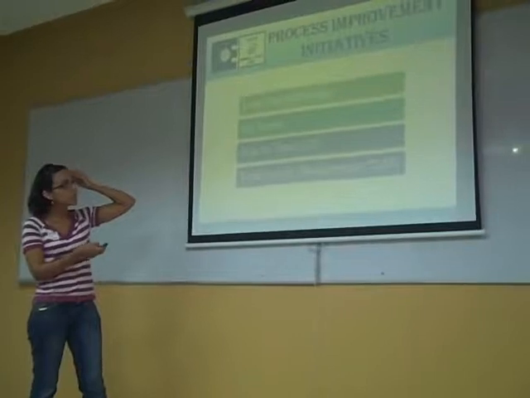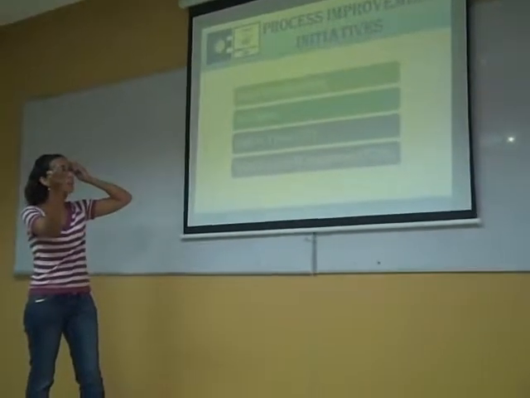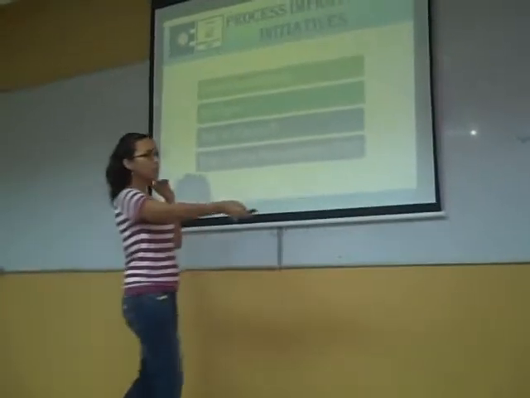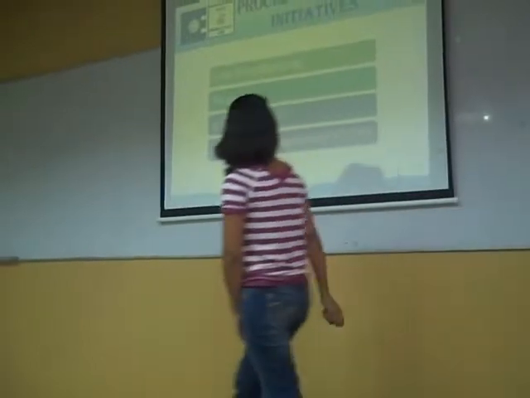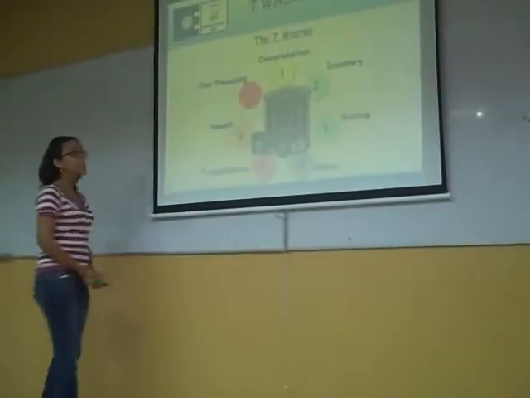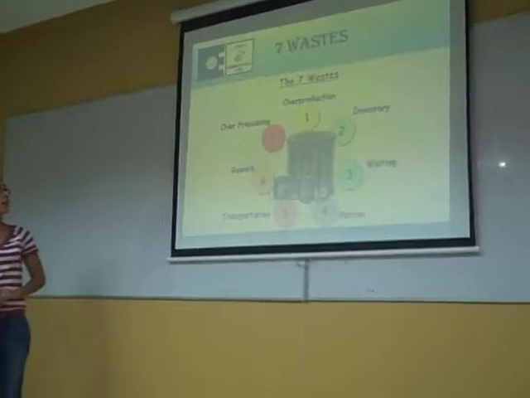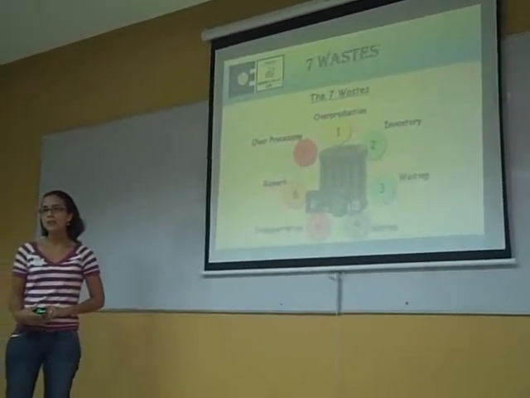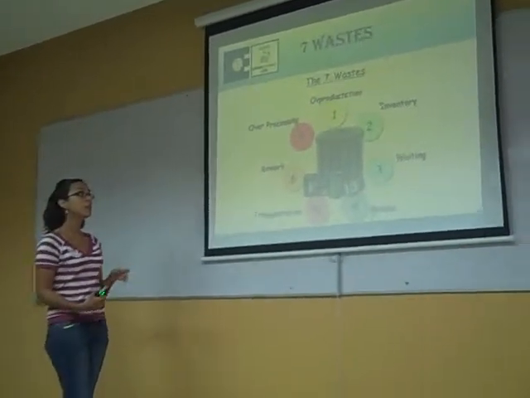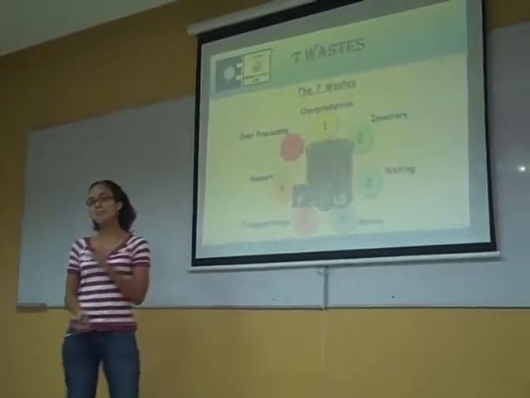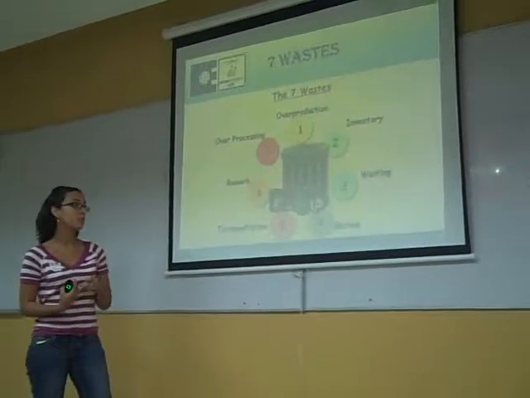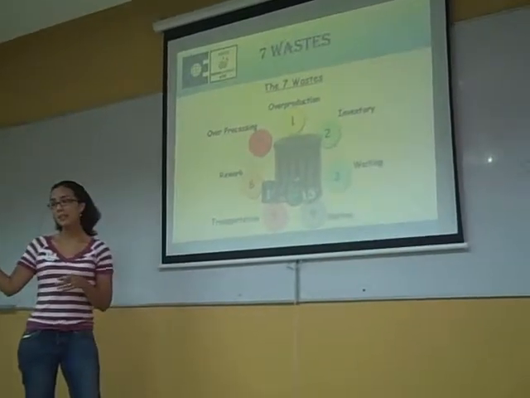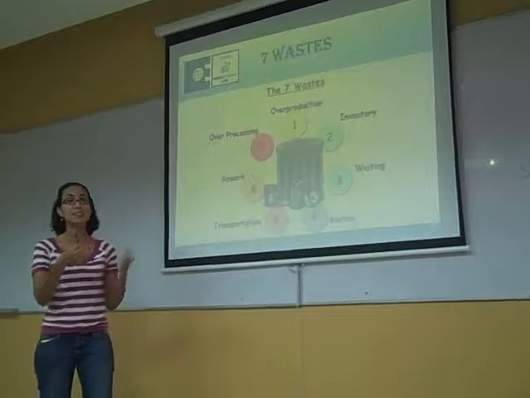And what else do we have here? Yeah, and then we have the seven wastes. Normally, for the seven wastes the words are used in Japanese, not in English. Sometimes more information appears if you put muda in Japanese than in English, okay?